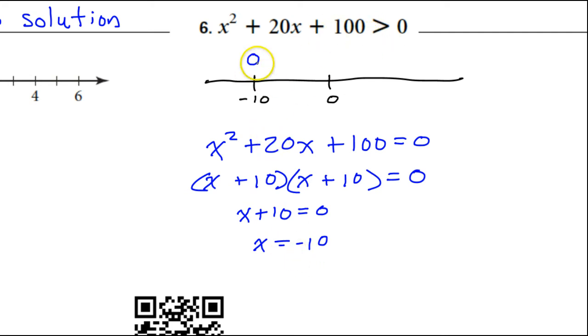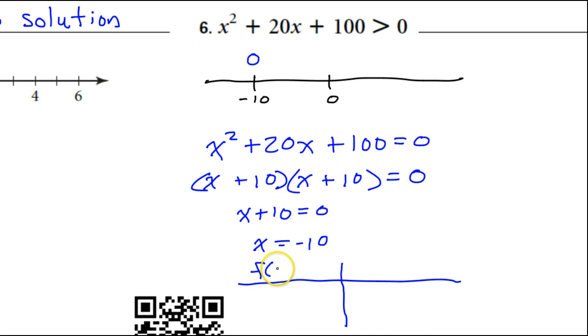Okay, so now this endpoint has divided the number line into two intervals, values that are less than -10 and values that are greater than -10. So I am going to pick a test value in each interval to see whether or not there are solutions there. So I need to pick a value that is less than -10.